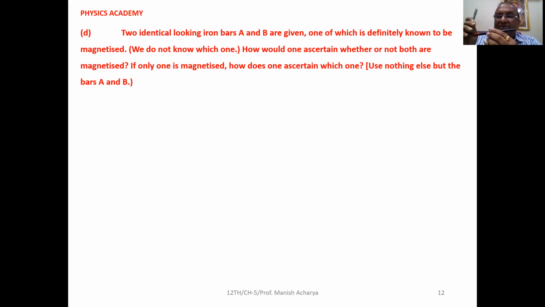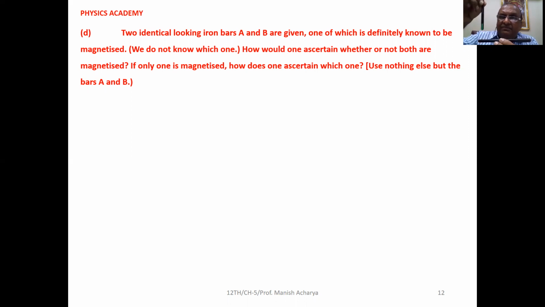But then, out of these two, which one is magnetized and which one is not? For the bar which is magnetized, the field strength will be more at the end and less at the center.